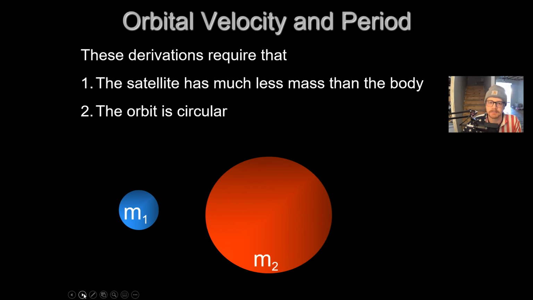Now, when we are talking about orbital velocity and period of satellites, satellites in the technical term are the orbiting body that is being influenced by and held within a particular path that is shaped by a larger mass.